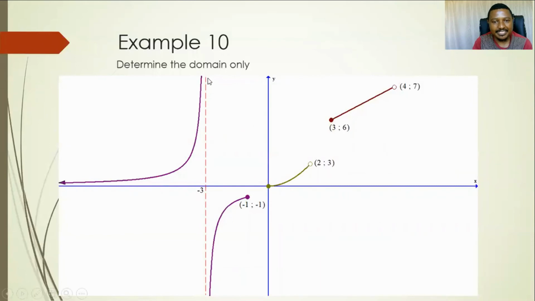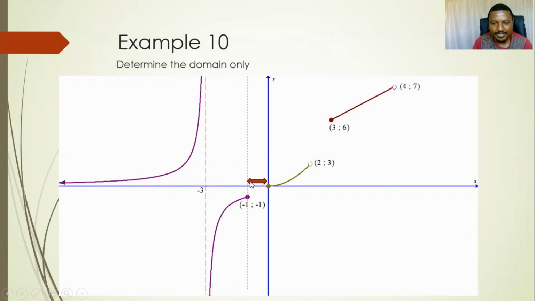The graph is getting closer and closer to this line, but not touching it. So if we move from minus 3, you can find the function value all the way up to this point there, corresponding to the x coordinate minus 1. So it's minus 1, and the function is defined there.